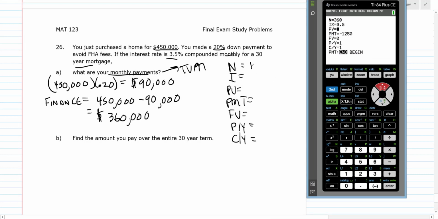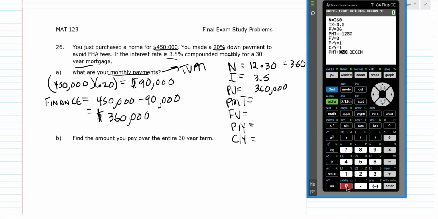Okay, so when we put this in the TVM, it's going to go like this. We're going to do 12 payments a year for 30 years, 360. The interest is 3.5. The present value is where we're going to start our loan. So that loan is going to start at $360,000. Okay, like that. The payment, we have no idea what the payment is, so leave that alone.